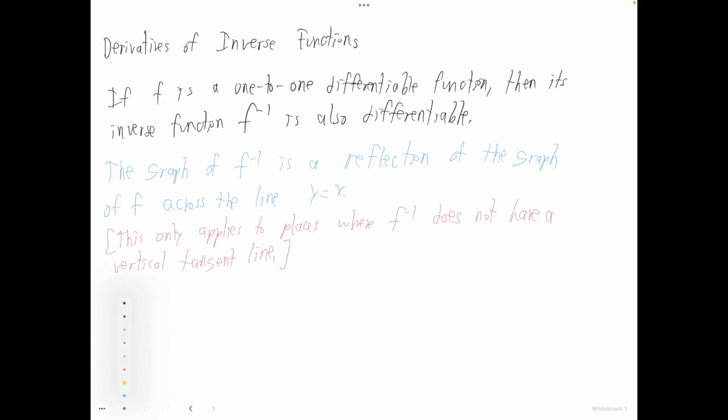We could introduce vertical tangent lines when we do this reflection process, and so possibly there could be some places where f inverse isn't going to be differentiable. Those would correspond to places where you had horizontal asymptotes in f.